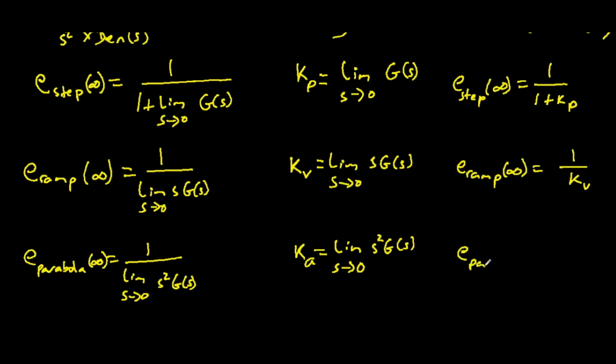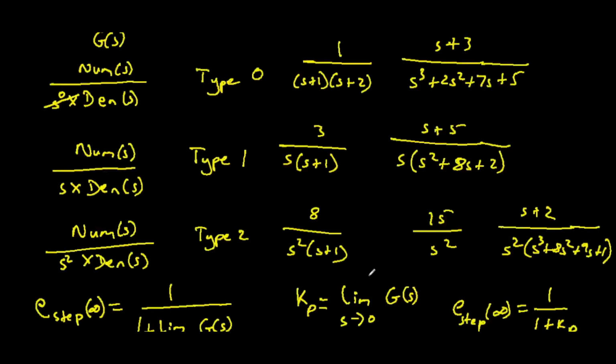And the steady state error for a parabolic input will be equal to 1 over Ka. So we can write our steady state error using this equation or this equation on the other hand. These are called the position constant, velocity constant, acceleration constant.